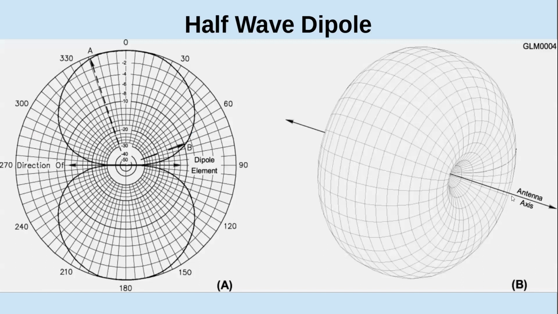This is showing the free space radiation over on the right. You know, you got a big donut, and we have no radiation along the axis. So it's directional in that it's broadside to the wire or the element. And this on the left is a cross section of that, just showing the lobes.